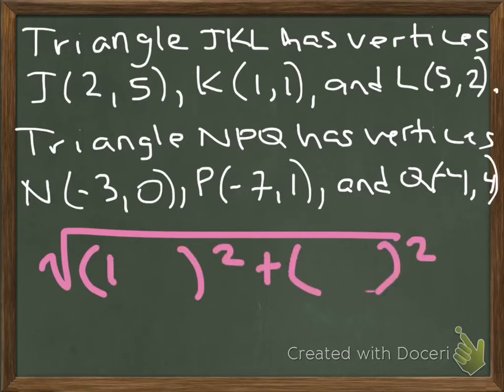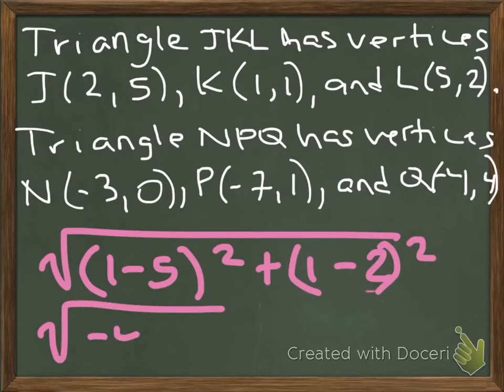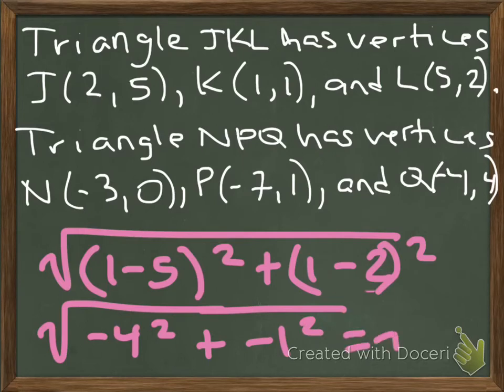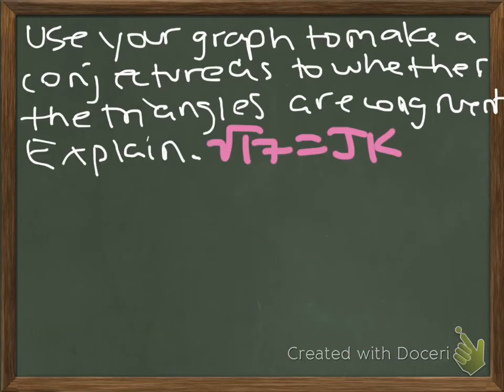So 1 minus 5 and 1 minus 2. That's going to give me negative 4 squared and negative 1 squared, which is still 16 plus 1, or the square root of 17. So KL is also the square root of 17.